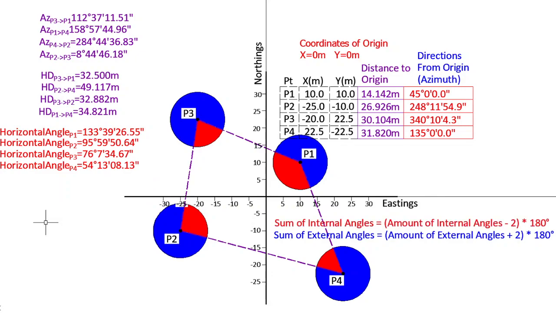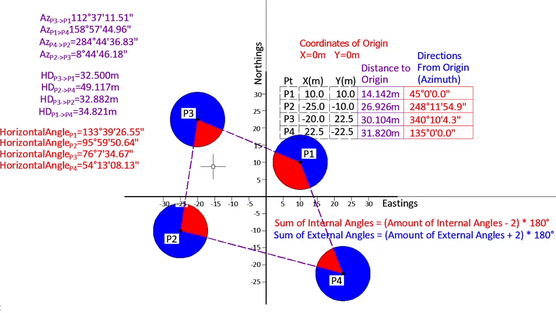You need to be careful how you use the instrument in the field, because depending on what you do, you are going to obtain the internal or the external angles. So what's the relationship between an internal and an external angle?